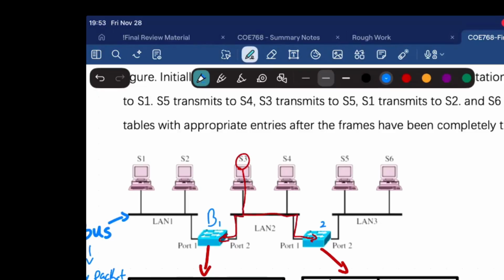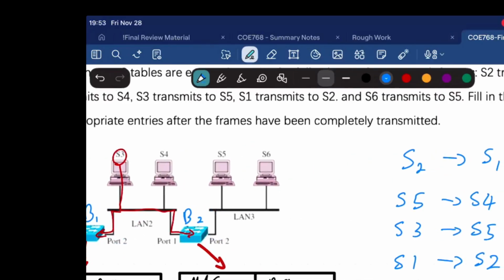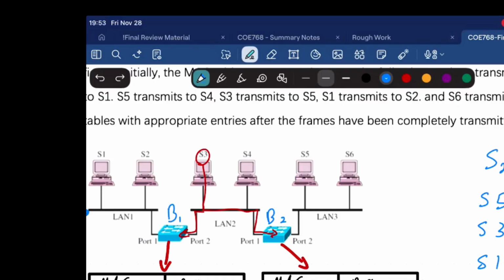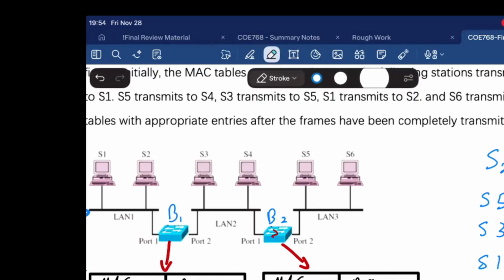S3 exists on B1's port 2, and S3 exists on B2's port 1. And once again, both of them will broadcast out, and the packet will get sent twice to S5. So S5 will end up getting its packet that it needs, and therefore that termination is also complete.